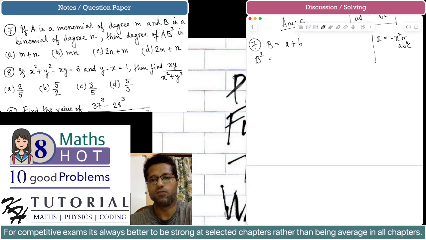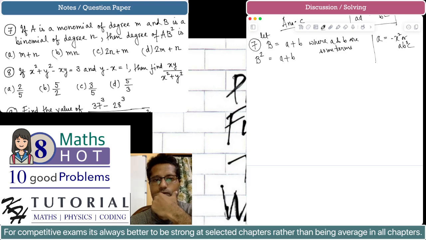Let B equal a plus b, where a and b are some terms, and obviously one of a and b must have the degree n, because it is given that the binomial B has degree n, which means that the highest degree of its two terms is n.